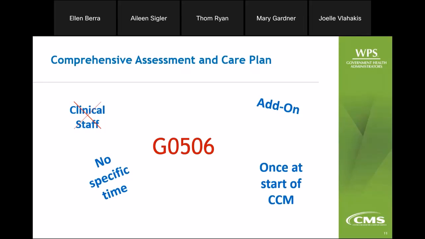We addressed this within the overview that we did, and there are certain services that some practitioners are providing face-to-face as part of their chronic care management service, and that can be included in with the minutes in billing for the CCM for that monthly service.